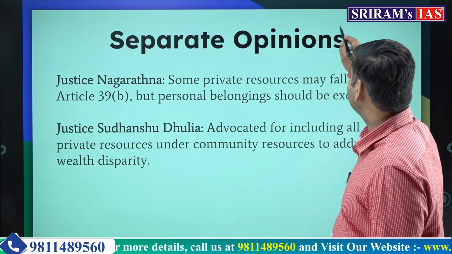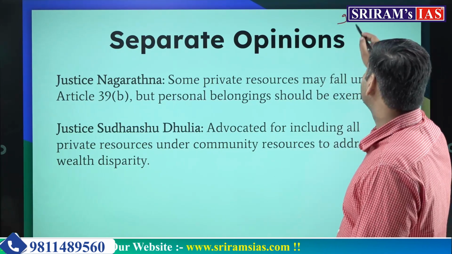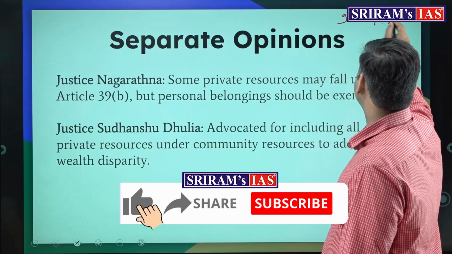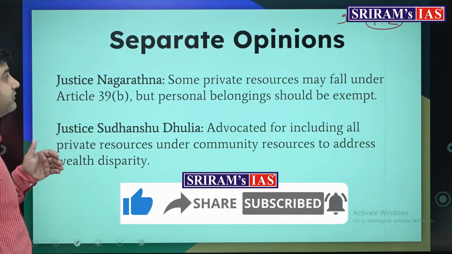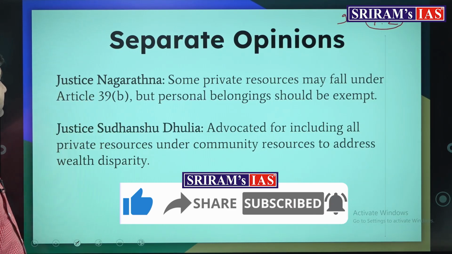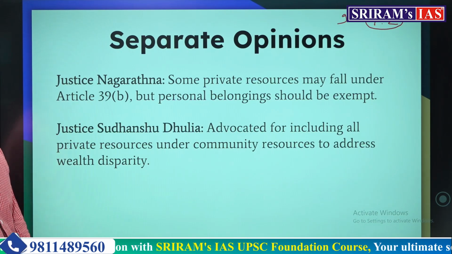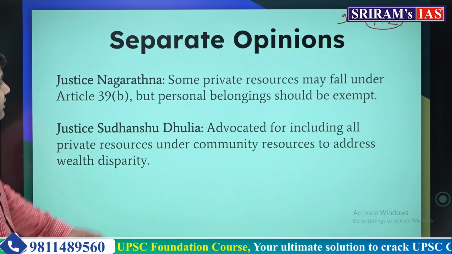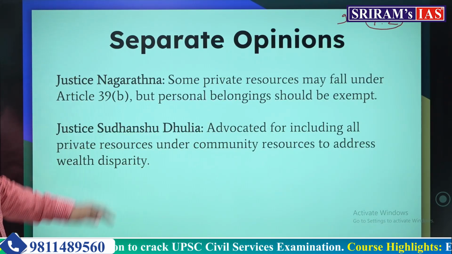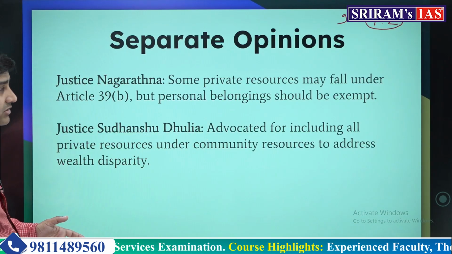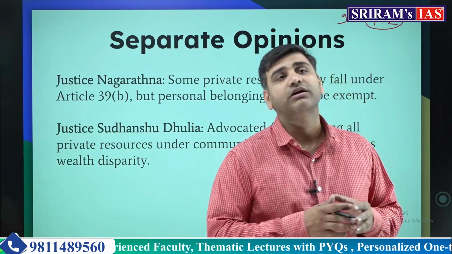This particular judgment was given by a 9-judge bench of the Supreme Court. 7 were in favor and 2 were against. So a different view was given by 2 judges. Justice Nagaratna has said something, and Justice Sudhanshu Dhulia of the Honorable Supreme Court has said something. They have said that some private resources may fall under Article 39B. The majority judgment is that no private resource can be considered as a material resource of the community.